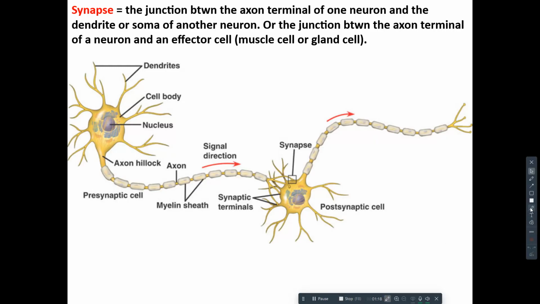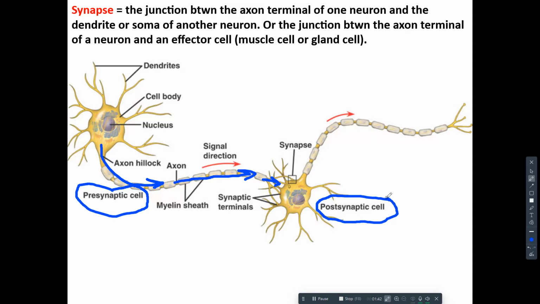The flow of information is going to be in this direction, okay? That's the direction of the flow of information. Because of that, this neuron over here is said to be the presynaptic one, and this guy is said to be the postsynaptic one, with information, communication traveling from pre to post.